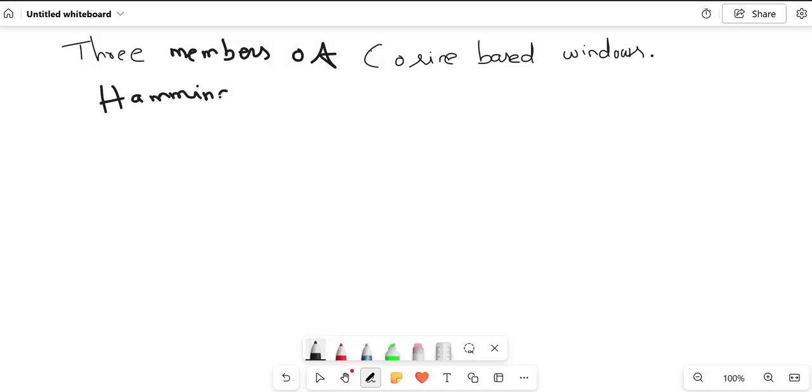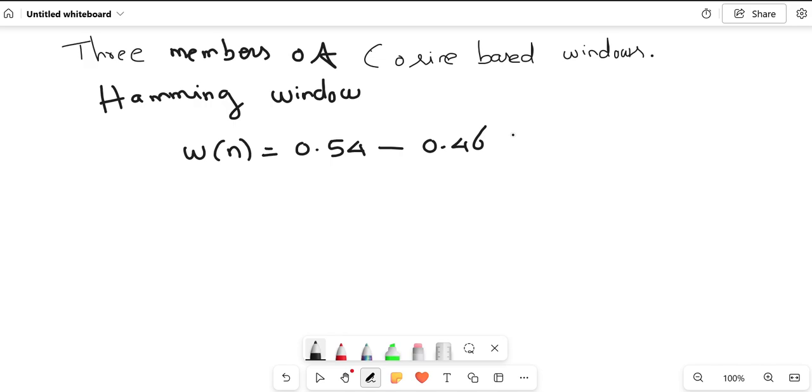Hamming window. The Hamming window function w of n is equal to 0.54 minus 0.46 cosine 2 pi n by M minus 1.